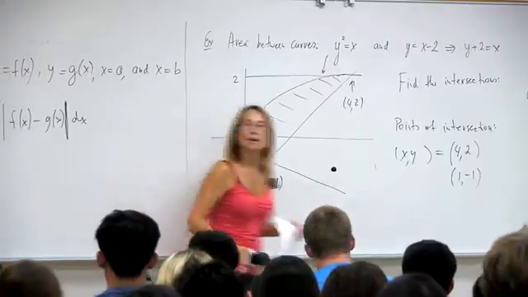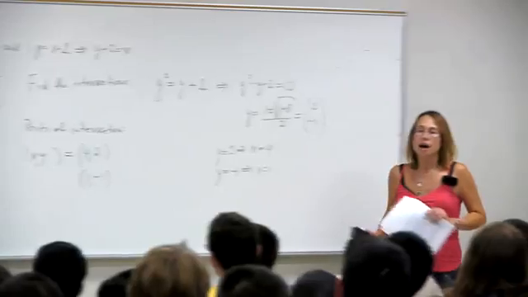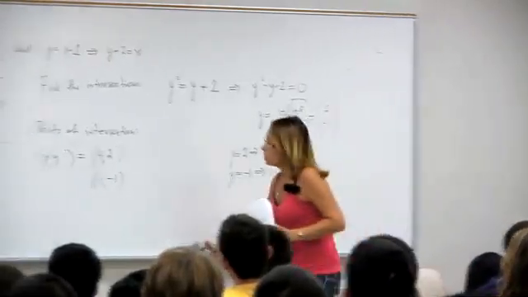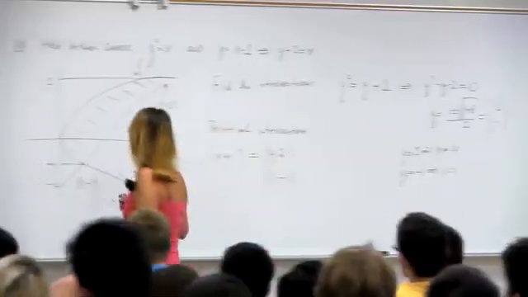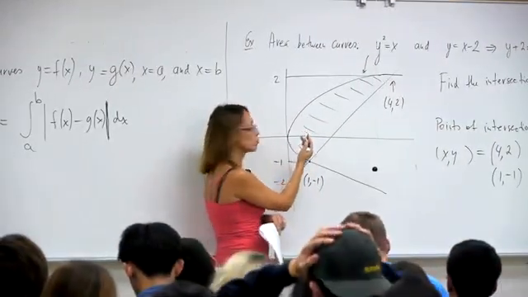So now, the crucial step. How do I find the area? I can use my previous formulas, but I will have the following calculation to perform. I would have to split this region into two.